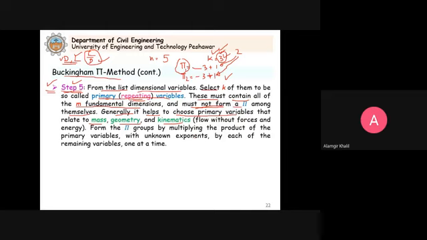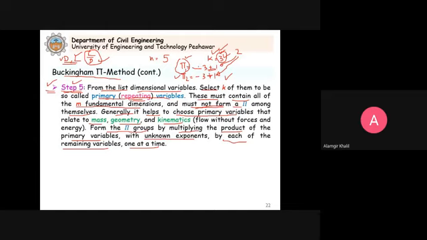Once you select, then form the pi groups as I write down here, by multiplying the product of the primary variables that we select, with unknown exponents, by each of the remaining variables one at a time. Means from the remaining 2 here, make it 4. This will be a product, clear? You don't have to add them. I'm saying this is a 4.